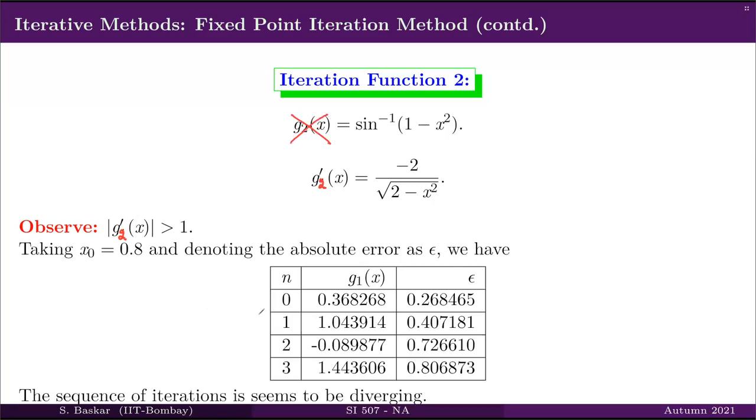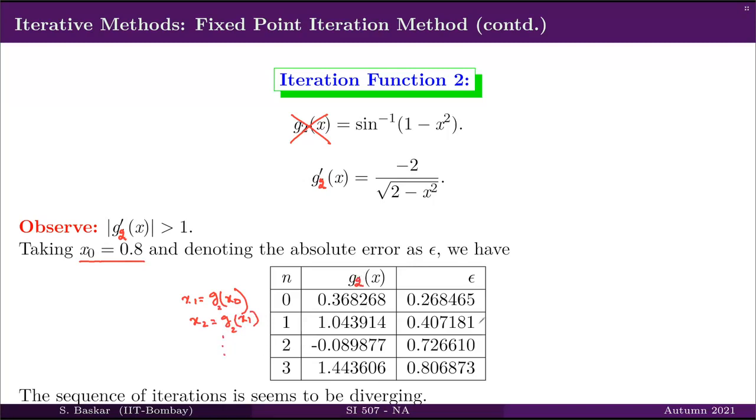But let me just go ahead and compute the values of the iteration and see what is happening. And let me take my x naught equal to 0.8 and go ahead and find x1, which is equal to g of x naught given by 0.368268. And similarly, x2 is equal to g of x1. Well, it is g2 here also.